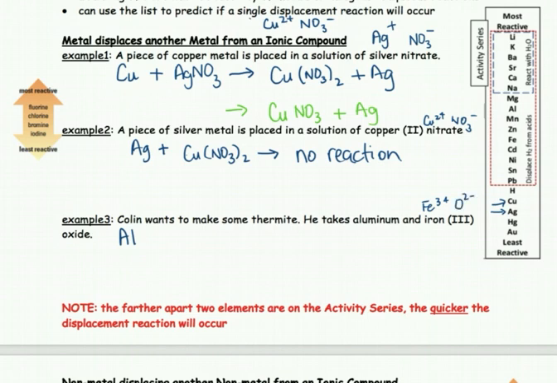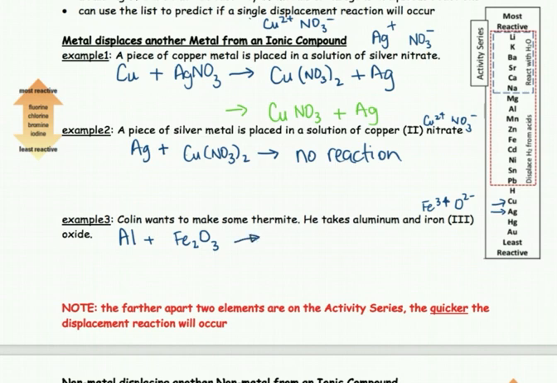Oxygen has a -2 charge, so we need to make a compound here of 2, 3. So you need 3 oxygens to 2 irons to make a compound here. All right, so iron 3 oxide, we're trying to determine here if this reaction is going to happen.